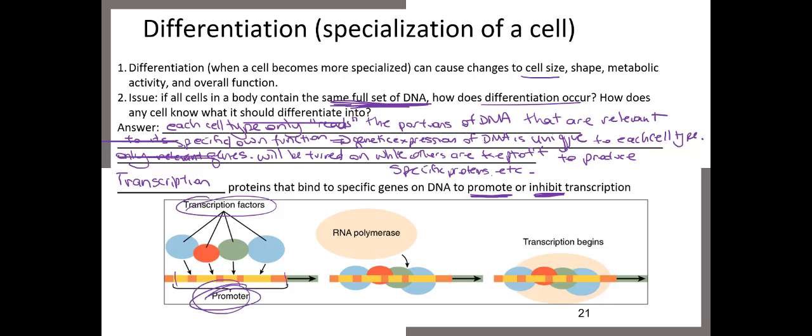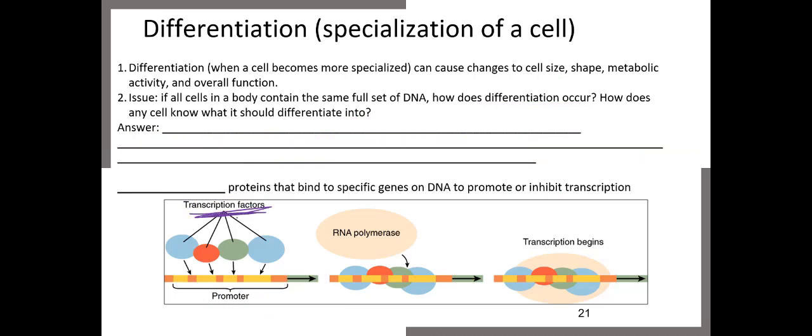So once it gets turned on, then RNA polymerase binds to it, and then the process of generating a messenger RNA strand begins. So you can see that these transcription factors may be unique to this particular cell, whatever it is. In another cell, they may not have these transcription factors. And so if there's no transcription factors in another cell, then it won't actually activate the promoter.